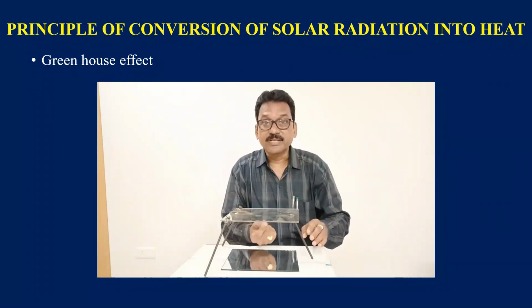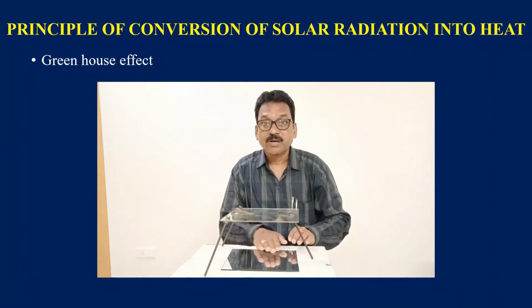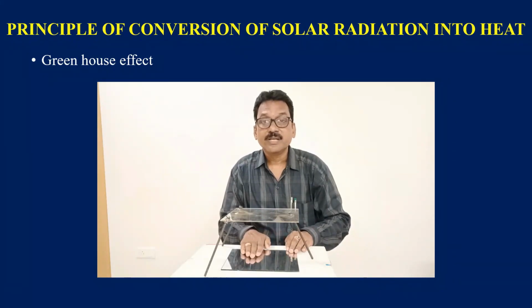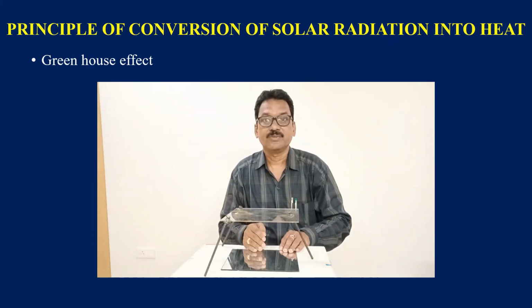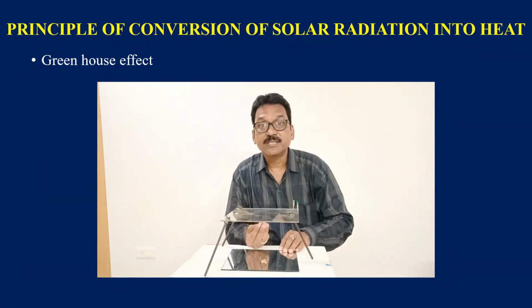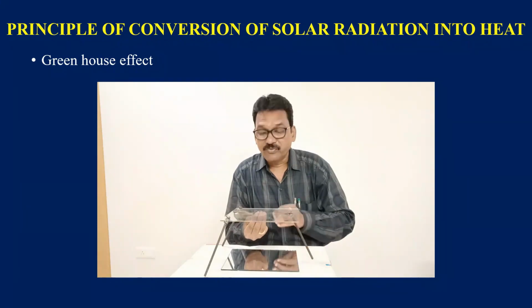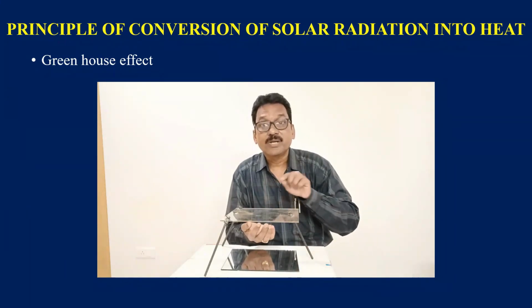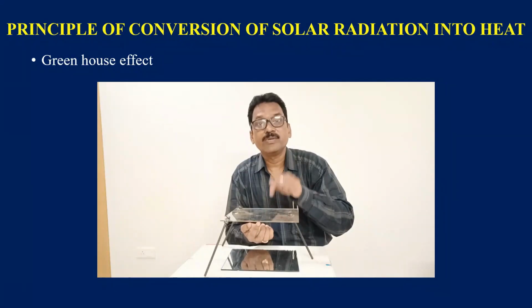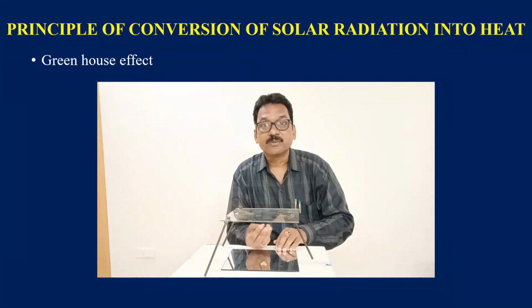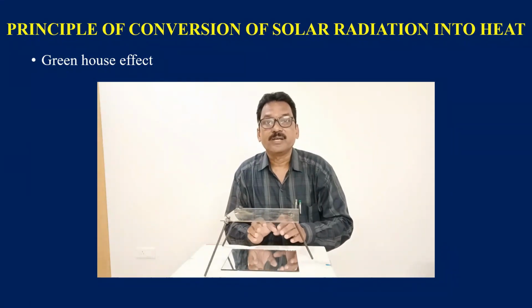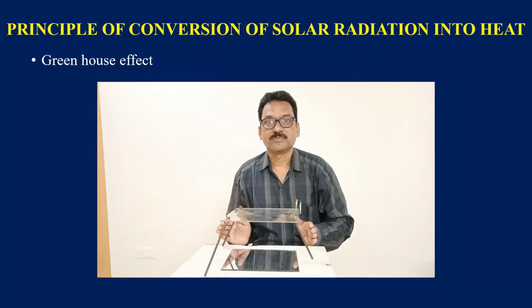So the transmitted rays, when incident on the bottom or ground surface, the earth absorbs the radiation and emits a longer wavelength radiation, which we call heat. When that longer wavelength infrared radiation reaches here, it will not escape from this glass cover because the glass is opaque to longer wavelength infrared radiation. So it again reflects back. In that way we can trap the heat in this greenhouse.